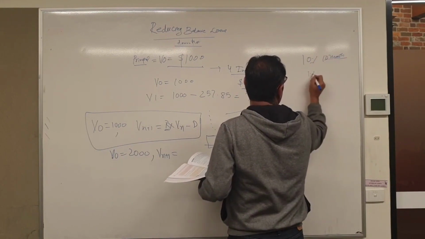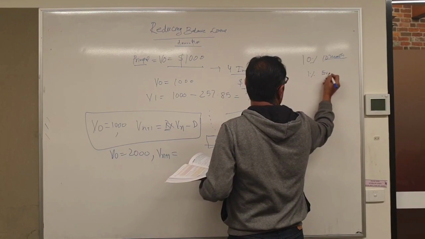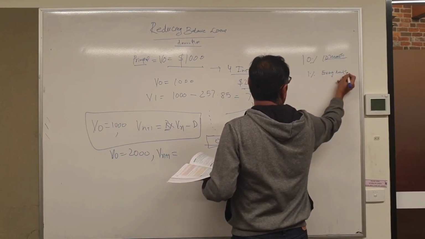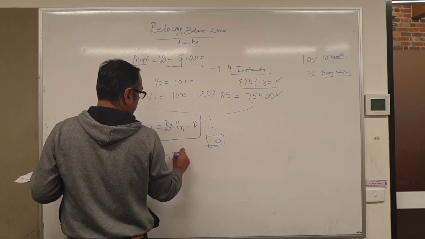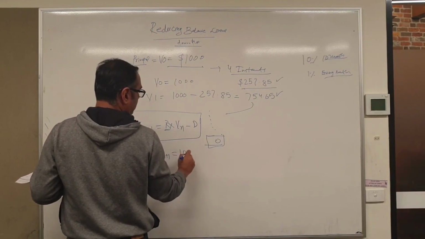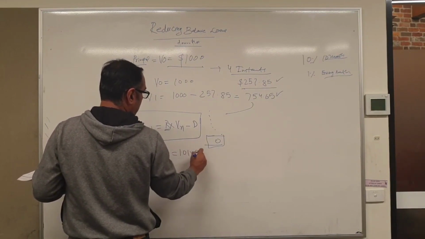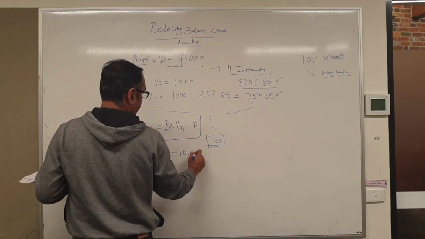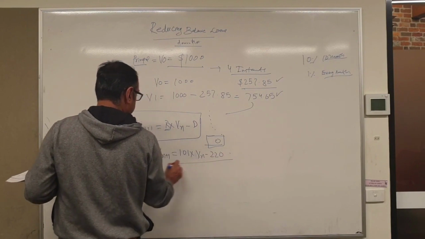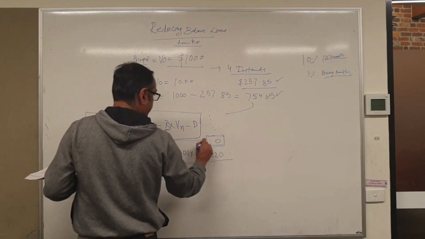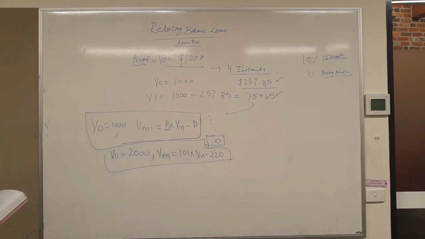So roughly 1% every month, right? So I'll say 1%, which is 0.01 times R, so times Vn minus, I was paying 220. That's how you write your recurrence relations.